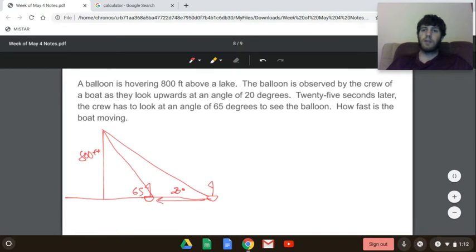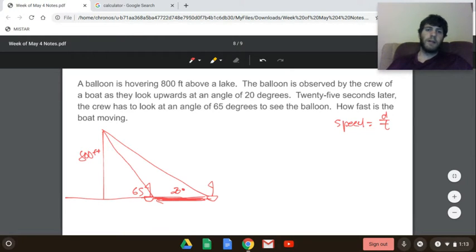So basically, we know that from physics, if you need a reminder, velocity or speed is distance over time. So we're looking for speed equals distance over time. So we need to find the distance the boat traveled. That means we need to find this distance right here. So this is just like last problem, and then we'll need to divide by the amount of time it took for the boat to move that far.